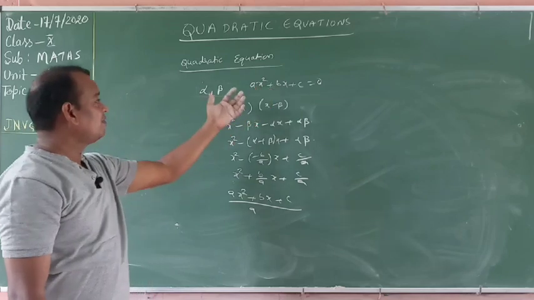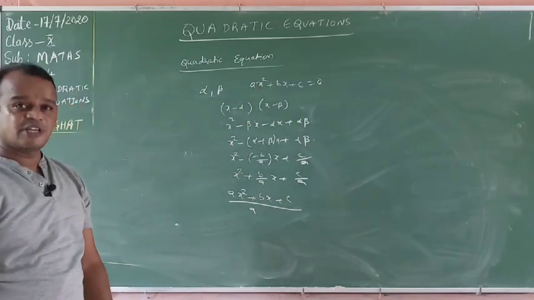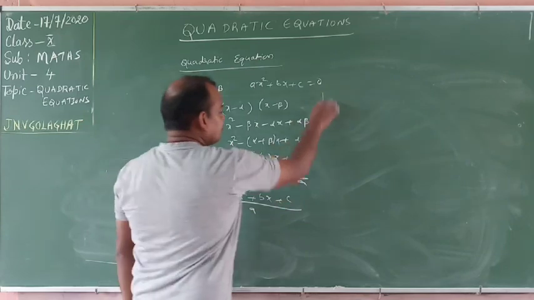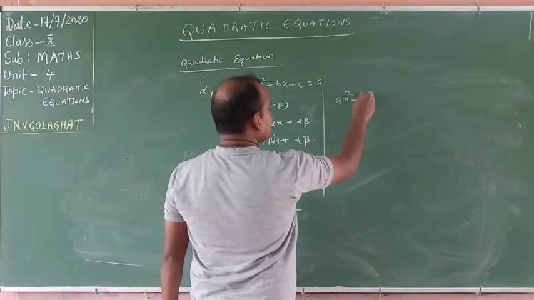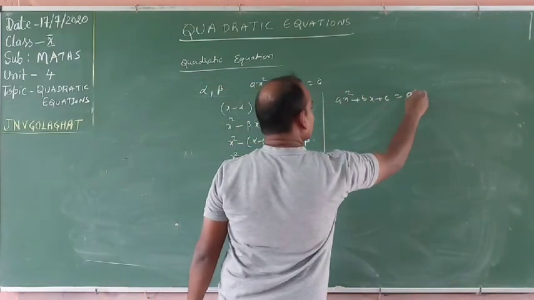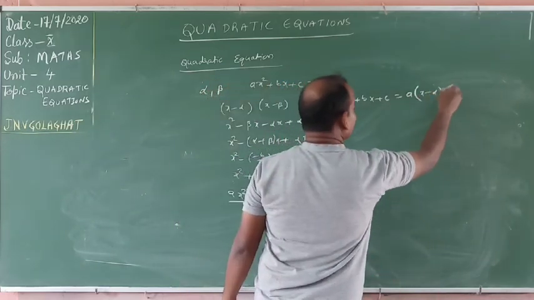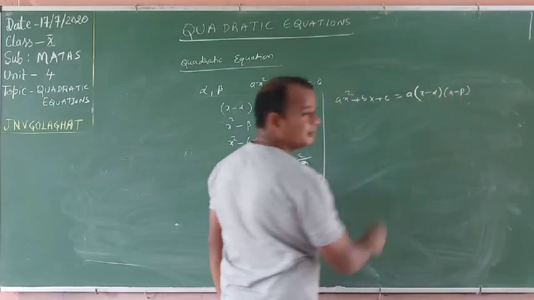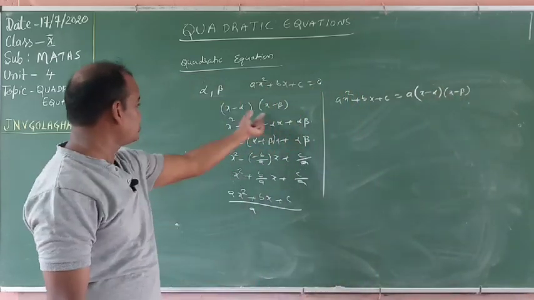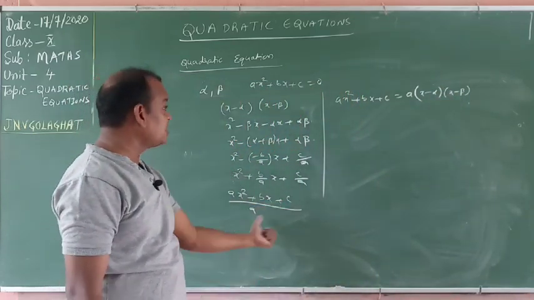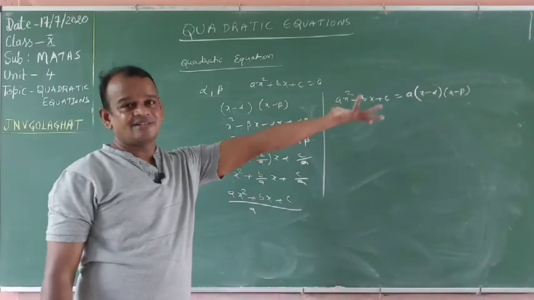That's why whenever alpha, beta are the roots of ax square plus bx plus c equal to 0, then ax square plus bx plus c is equal to a, the leading coefficient, into x minus alpha into x minus beta. Now we write x minus alpha into x minus beta value as ax square plus bx plus c by a. A cancels.